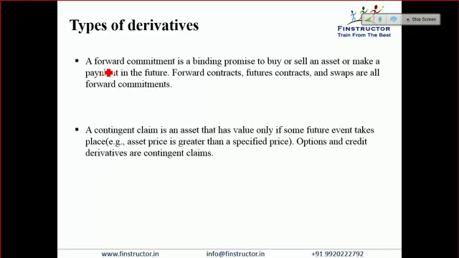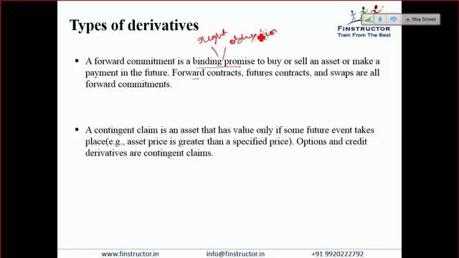A forward commitment, as we studied, is a binding promise to buy or sell an asset or to make a payment in the future. Forward contracts, futures contracts, and swaps are all forward commitments. That is, they are a binding promise. This is what I explained in the example as a right as well as an obligation.